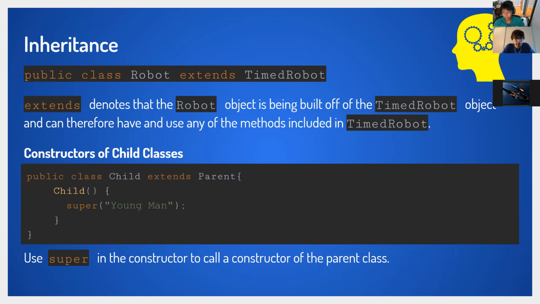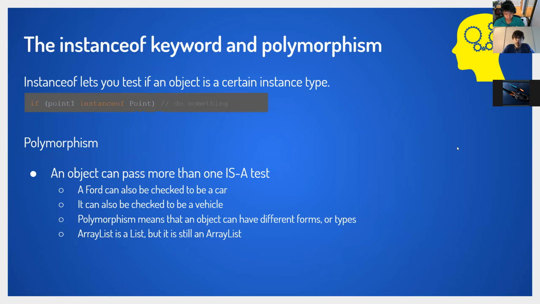To get back to the inheritance thing, inheritance is all about ISA and HASA relationships. You might have a circle is a shape, a rectangle is a shape, and a square is a shape. But you could also have another level of polymorphism: a square is also a rectangle.